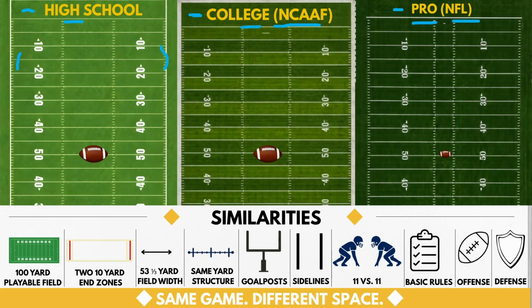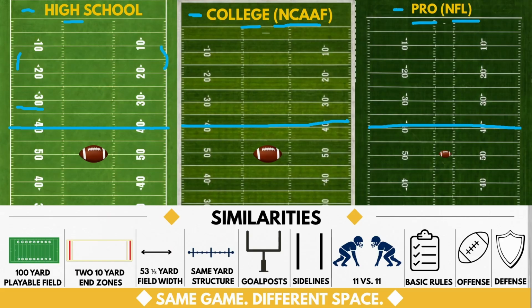Width of the field is 53 1/3 yards. So width would be that way from sideline to sideline. 53 1/3 yards.